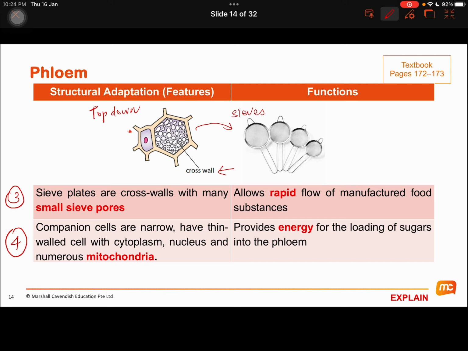For example, when you bake, you want to remove the clumps in the flour before baking. The holes are known as the sieve pores. So what is the point of having a cross wall? It is to make sure that only sucrose and amino acid pass through it so that the food is able to flow effectively.